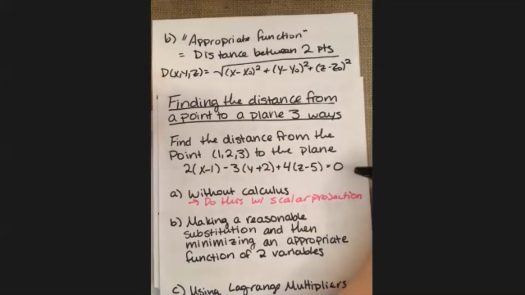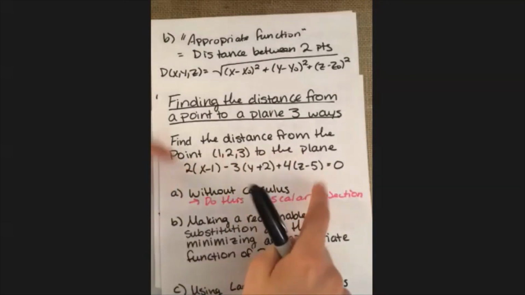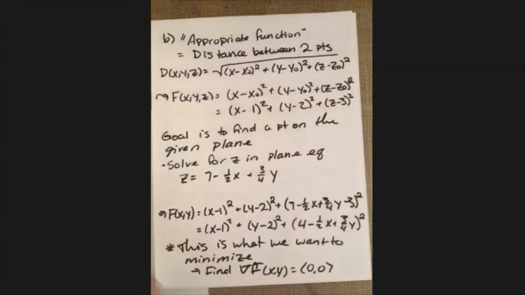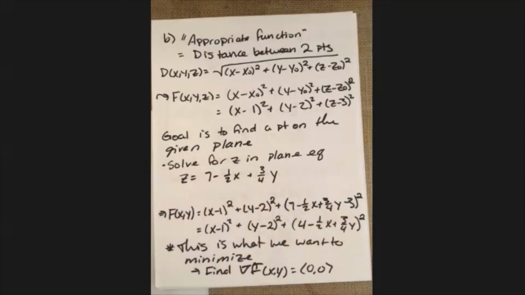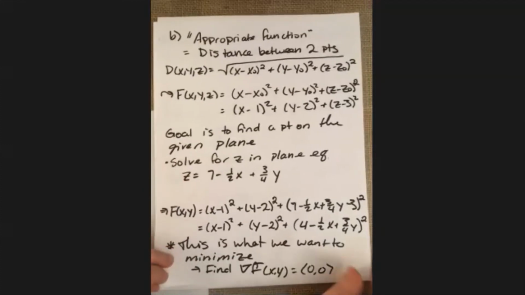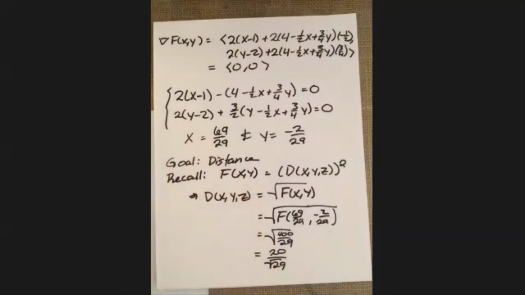And our options are to either use Lagrange multipliers, which pops out pretty much immediately in the setup, or what we can do is try to incorporate our constraint into our function, which is more or less what we've done by substituting in a rearranged version of our plane into the function that we are trying to optimize. So just a couple of different ways to approach that. But anyway, you go through all that work and you wind up with the distance at the end, 20 over root 29.